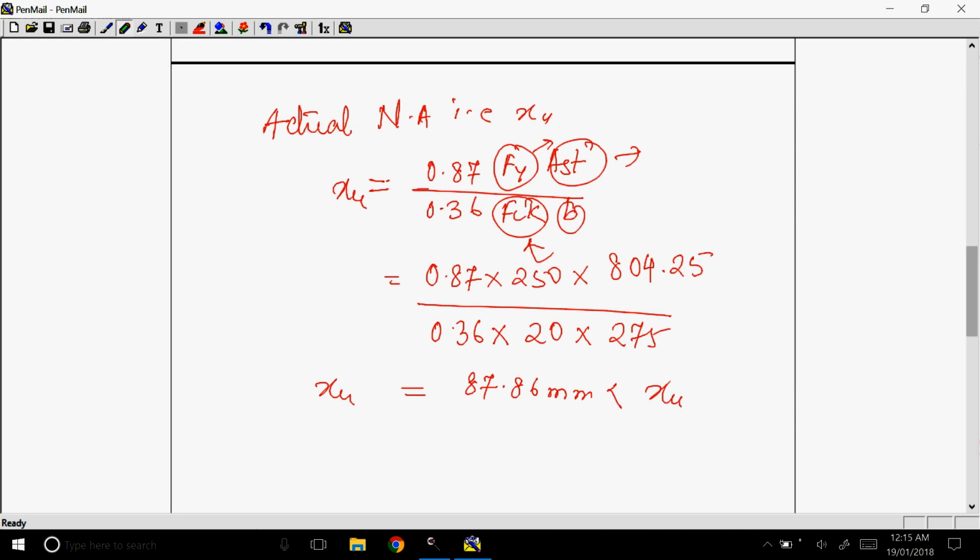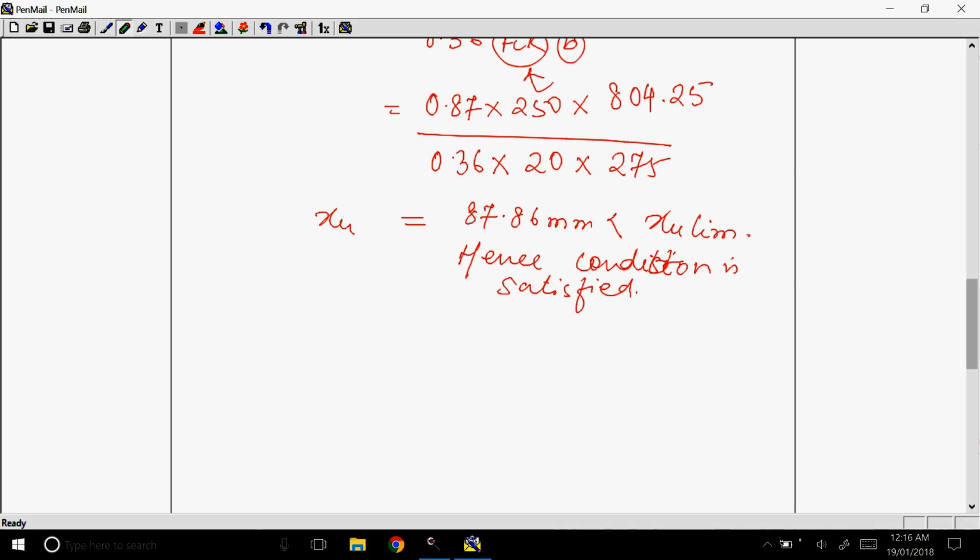So our actual neutral axis is less than our limiting neutral axis. Now we have our lever arm formula, which is z is equal to d minus 0.42 Xu. Here Xu is the actual neutral axis, and d is your effective depth. z is your lever arm.